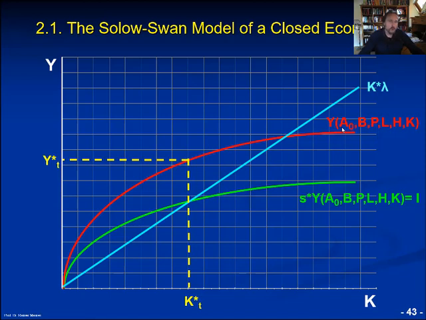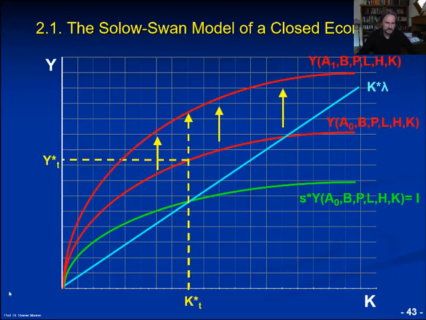If we use more technological knowledge, we can produce with every level of capital stock given along the x-axis more GDP. This means we have to shift the production function upward, like this.